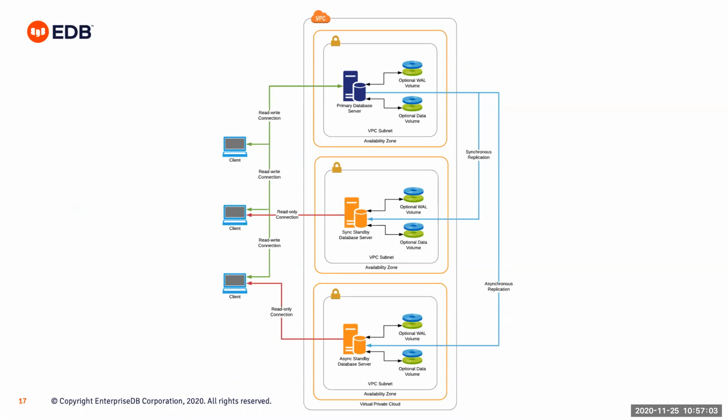If you have synchronous replication set up between your primary server and one or more synchronous standbys, then your commits are safe, right? Because the commit does not return until the data has been applied to the synchronous standbys.